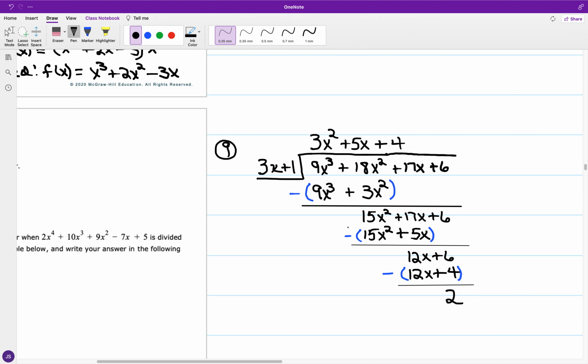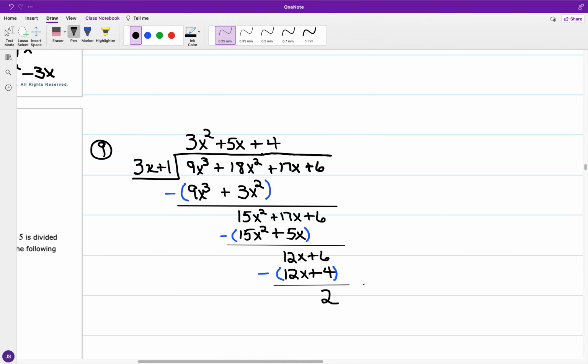So for what we're going to have in the result, for the quotient and remainder: the quotient, again, is 3x squared plus 5x plus 4, and I've got the remainder at 2.